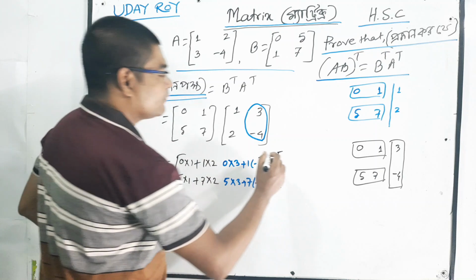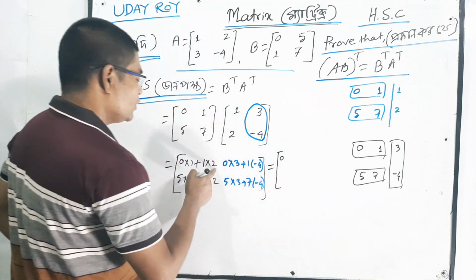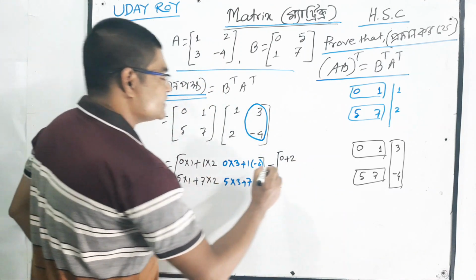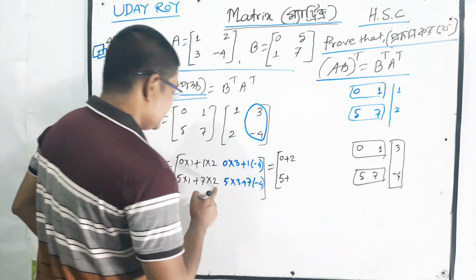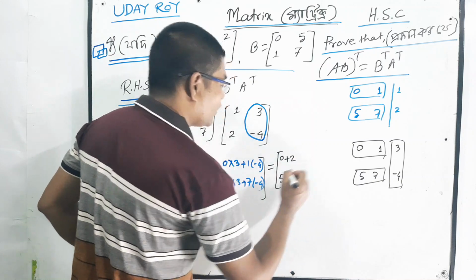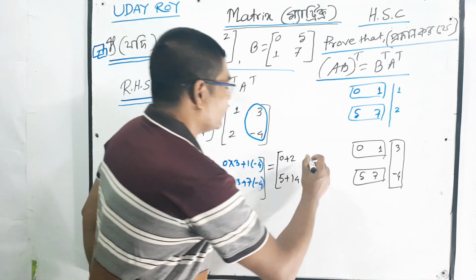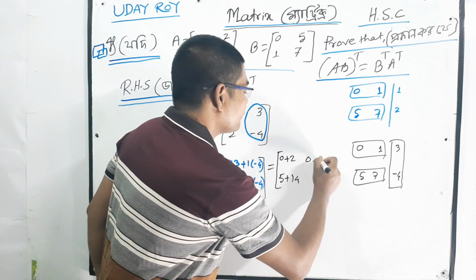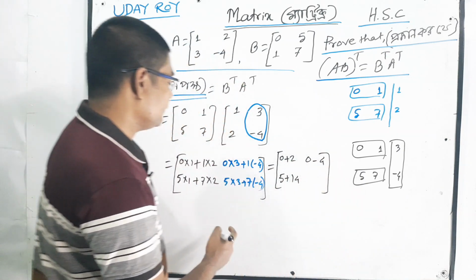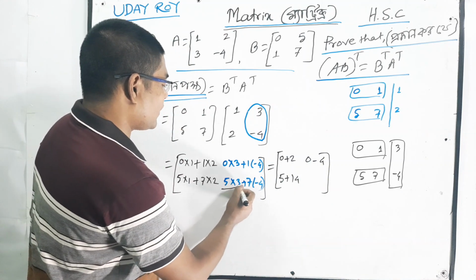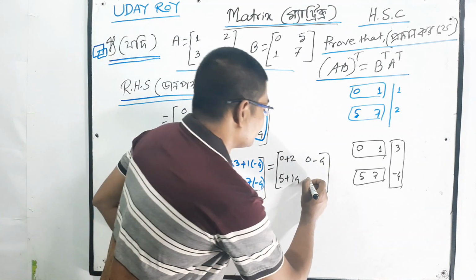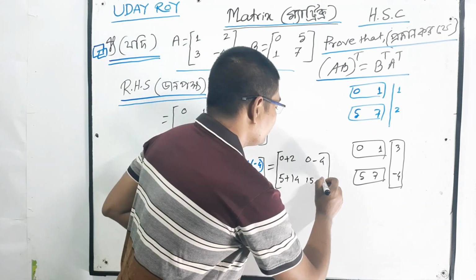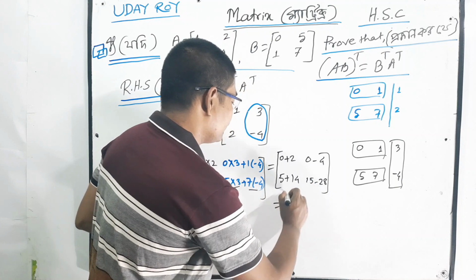0 into 1, here we will get 0 plus 2, 5 plus 7 into 2, 14. Here is 0 minus 4. Here is 5 into 3, 15, minus 7 into 4, 28.